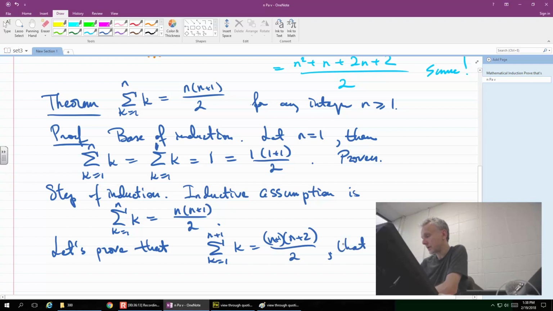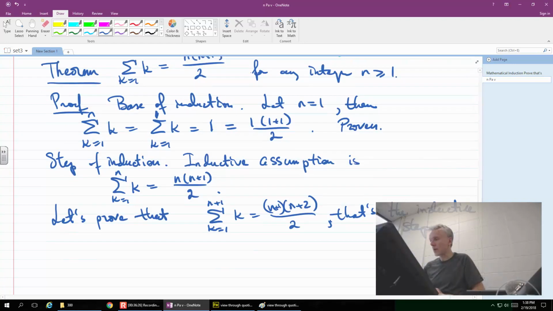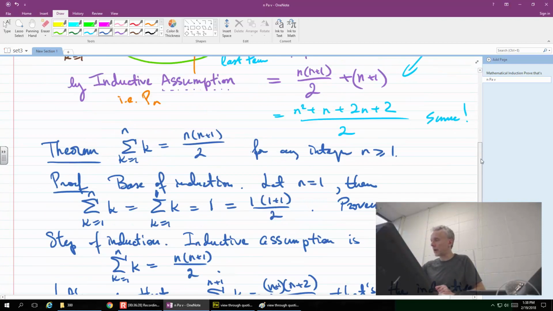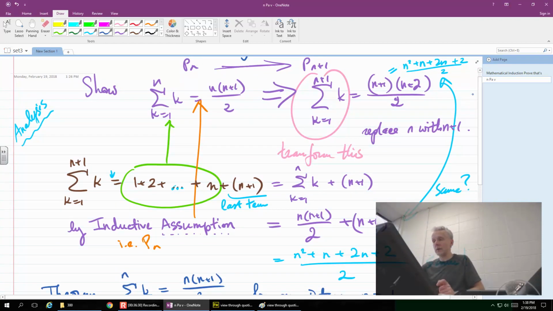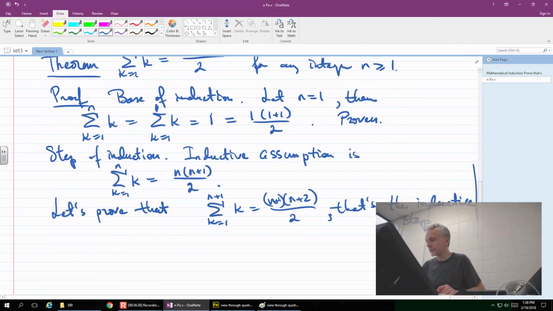That's the inductive step. We already know that all the computations are right here, so I just rewrite this in order to demonstrate that this indeed works out.